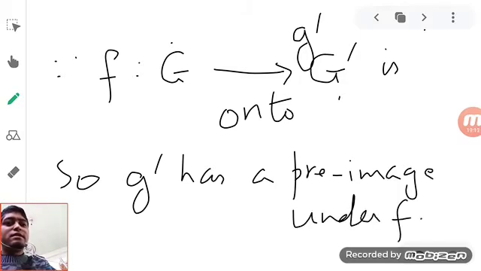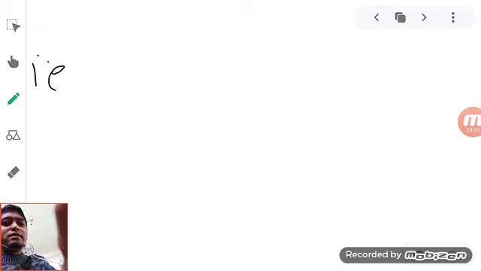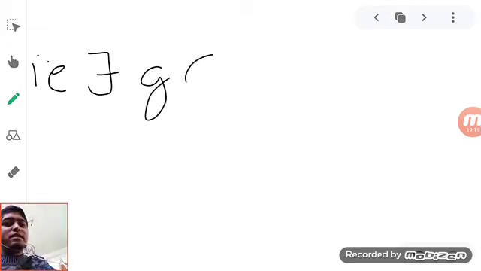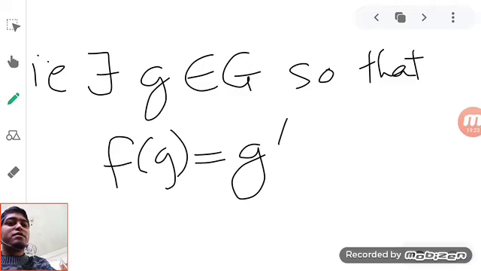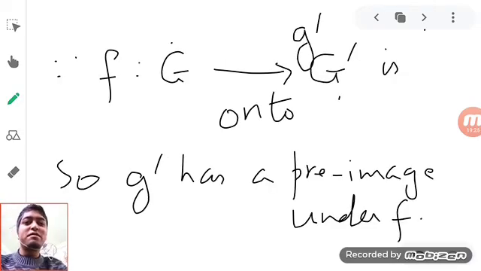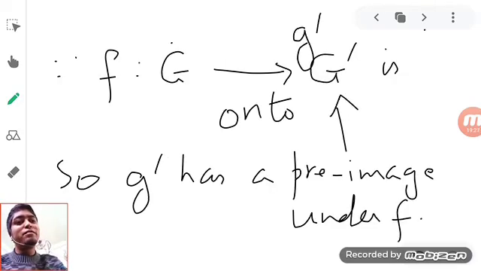That is, there exists g belonging to G so that f(g) equal to g dash. Always remember that if a function is onto, every element that you take from G dash will have a pre-image.